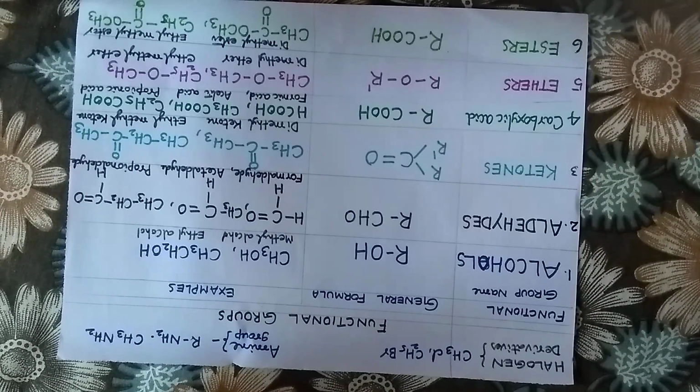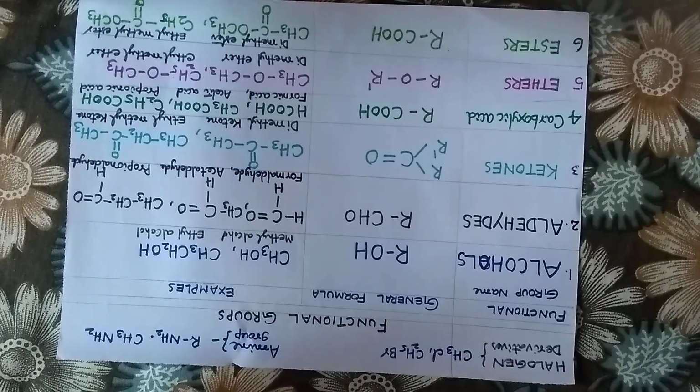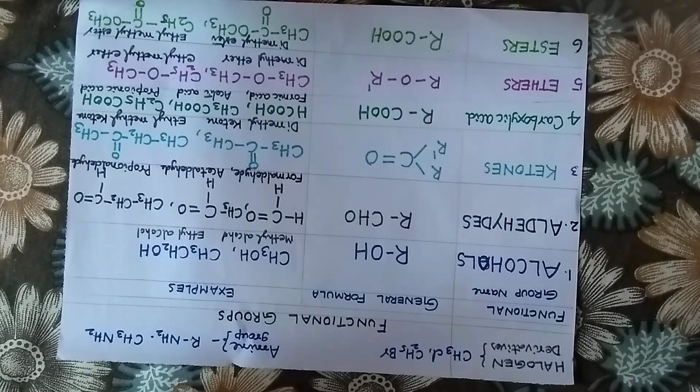Dimethyl ketone, CH3, C double bond O, CH3, that is dimethyl ketone. On this side there is one methyl, on the other side there is another methyl, and in between these 2 methyl groups, at the center, C double bond O. What is the general form of ketone?